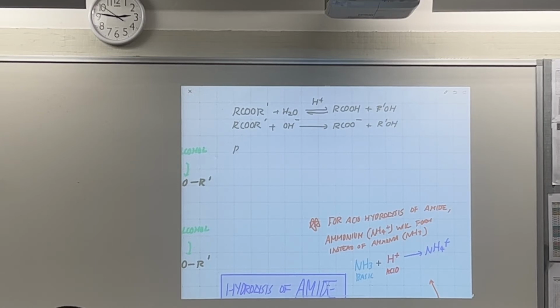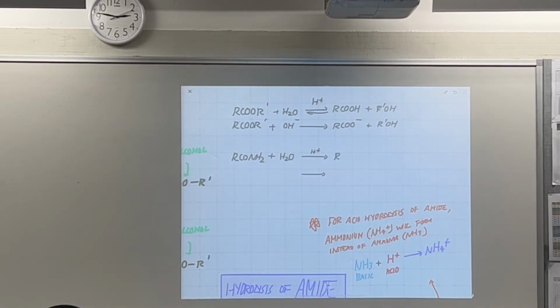With amide, RCONH2, when you react it with H2O and H+, like I said earlier, both hydrolysis of amide is irreversible. But for ester, one is reversible, one is irreversible. I think that might be important to point out here.